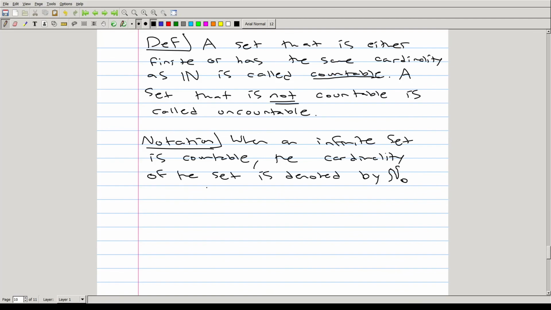So we say that the cardinality of S is aleph naught or aleph null. And in the latter part of the lecture, we're going to prove that certain sets are countable, certain sets that are very important in maths are uncountable, and kind of try to explain why this is.